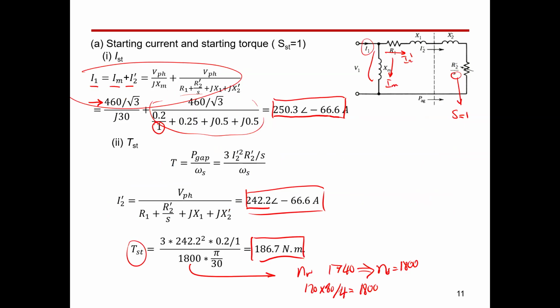So from here, guys, you know that power factor is cosine theta v minus theta I. So we assumed here that v is at a reference at angle 0. So can you see here, volt, we didn't add angle, which means the angle of the volt is 0. So in this case, we can say power factor at starting equals cosine the angle, which is 66.6. If you calculate that, it's going to be 0.397.